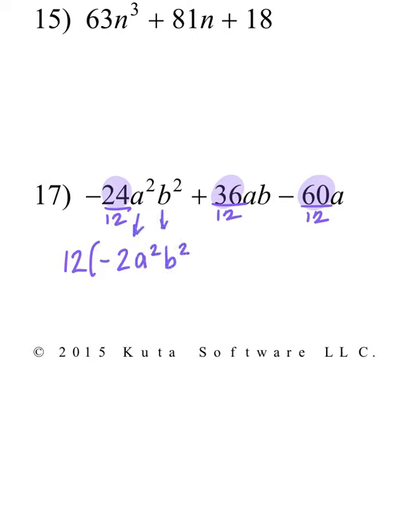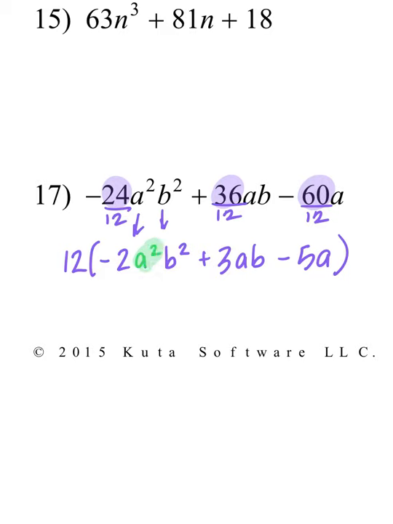I just brought those down. Plus 36 divided by 12 is 3ab. I just brought that down. Minus 60 divided by 12 is 5, and bring down my a. So now I have a's and b's here, and I'm just going to focus on one at a time. I'm going to start with my a's.